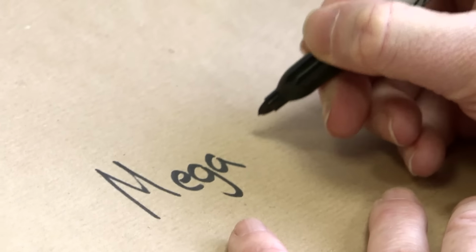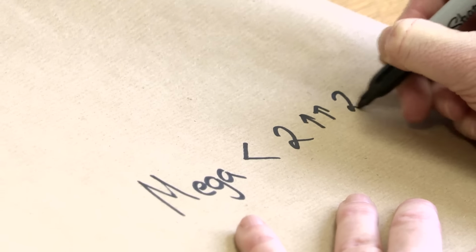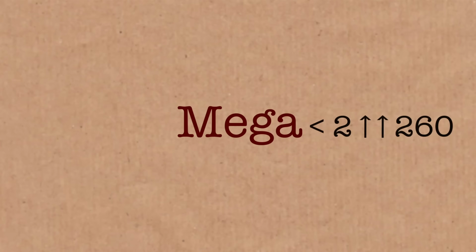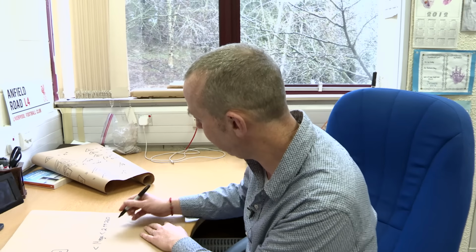This number is less than 2 arrow 260, which I'll tell you what that is in a minute, and it's bigger than 2 arrow 259. What does this mean? This double arrow notation, if you remember from our video on Graham's number where we defined it, basically means a power tower.